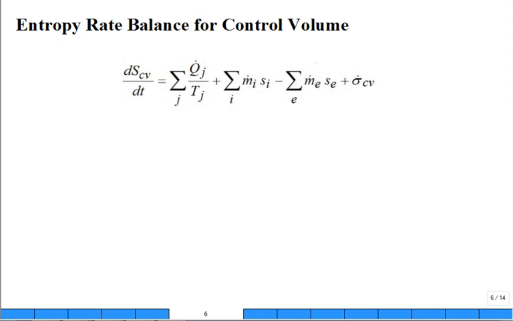Now we move into the second law for an open system, and we use a control volume to analyze open systems where we could have mass flow rate in and mass flow rate exiting, so inlet and exit. When we did an energy balance, that mass took with it enthalpy, didn't it?